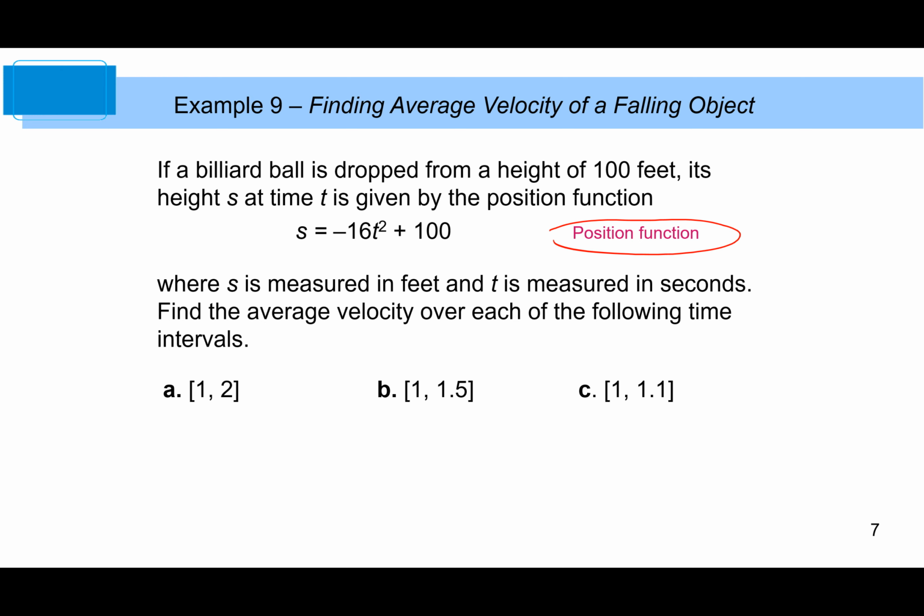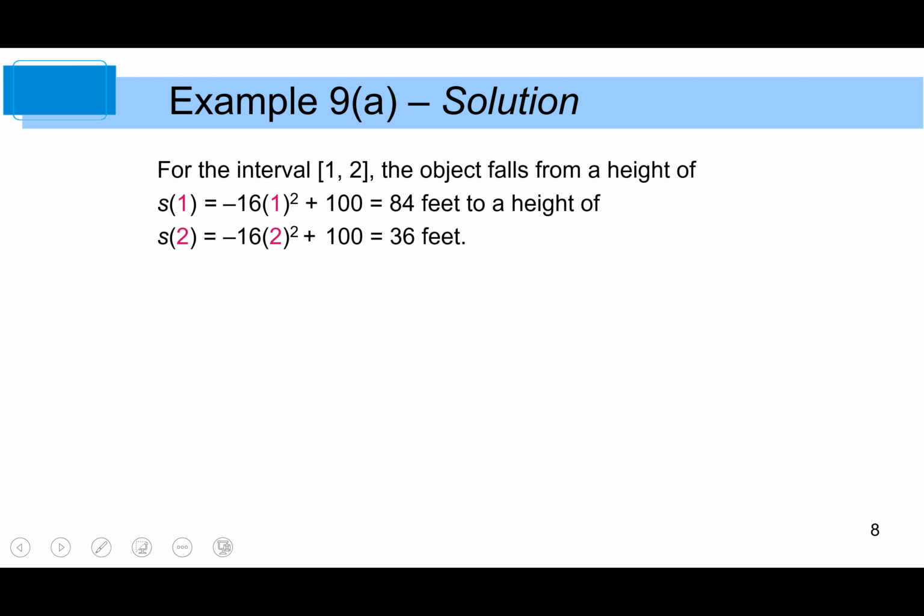Find the average velocity over each of the following time intervals. The first is between 1 second and 2 seconds. The second problem is between 1 second and 1.5 seconds. The third one is between 1 and 1.1 seconds.